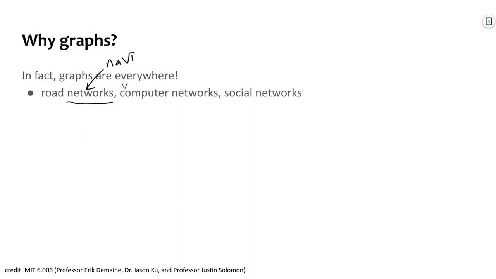And we are using the internet almost every day, almost every moment. And to represent computer networks, we better use graphs. And when it comes to social networks, we represent the relations between people, like P1, P2, as graphs.